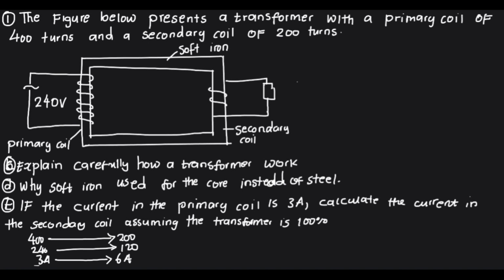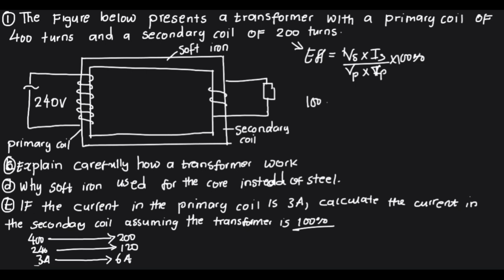So we know that efficiency is equal to power output, which is the voltage on the secondary coil times current on the secondary, divided by voltage on the primary times the current on the primary, multiplied by 100 percent. So since the efficiency is 100%, we can substitute the efficiency here.